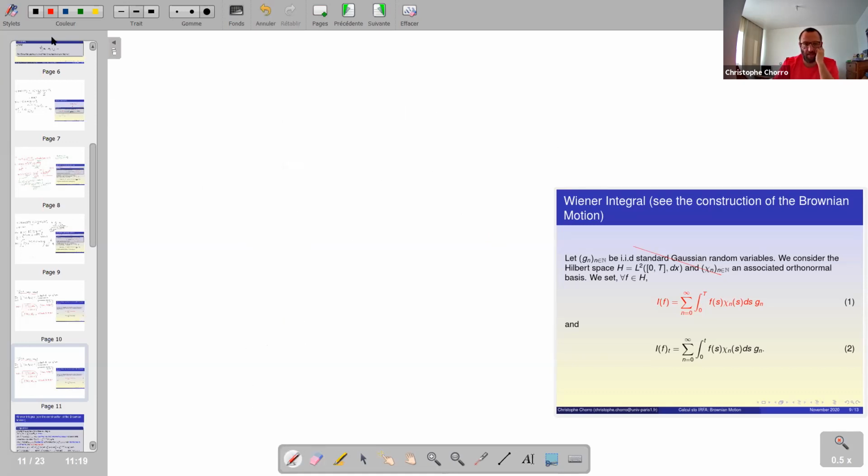So let's remind that together. For f belonging to L2 of 0 capital T, we defined two classes ago I of f, that I have denoted with this notation, the integral between 0 and capital T of f of s dBs.